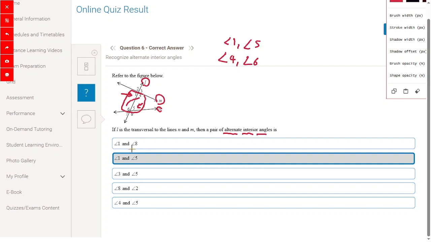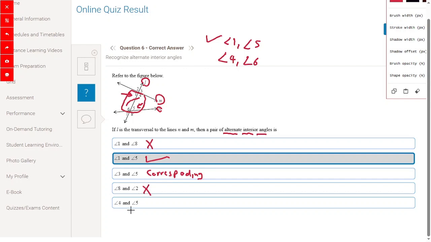Angle 1 and angle 8, there is no relation. Angle 1 and angle 5, yes, this is alternate interior angle. Angle 3 and angle 5, this is corresponding angle, one angle interior, one angle exterior on the same side. Now angle 8 and angle 2, there is no relation.